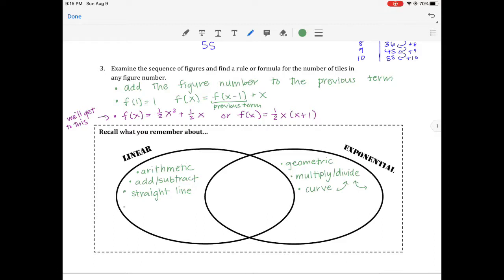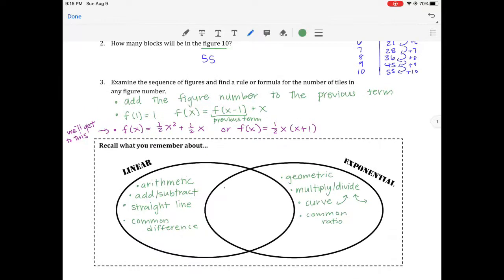Linear is always going to have a common difference, whereas exponential has a common ratio. Something that they both share is they both have some starting point, right?